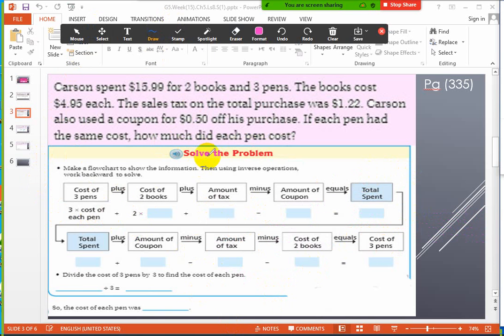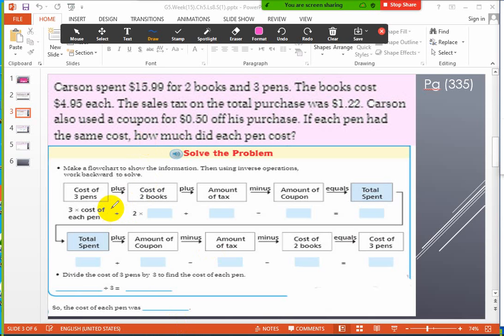Now, girls, this is the strategy that we mentioned, which is work backward. What does that mean? That means I have to decide the operation between those two numbers: addition, that means plus, or subtraction, that means minus. Now I will explain for you, so focus with me.